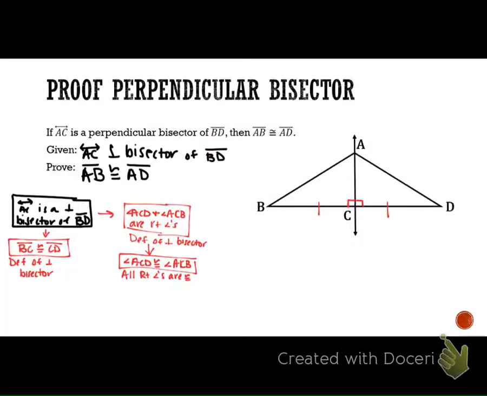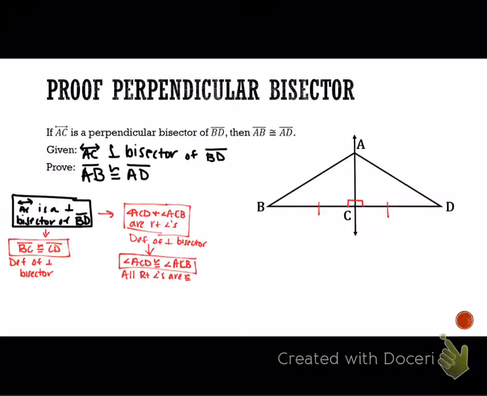Okay, so I have two pieces of information so far. Do I know anything else? Greg. The reflexive property. So what do we say there then? AC is congruent to AC by the reflexive property.